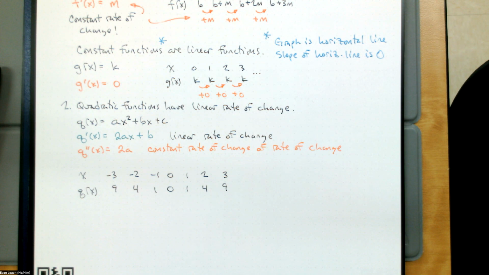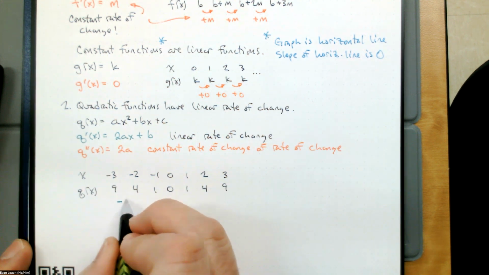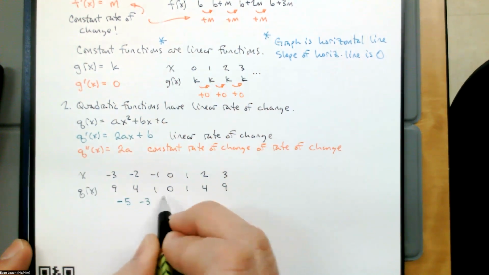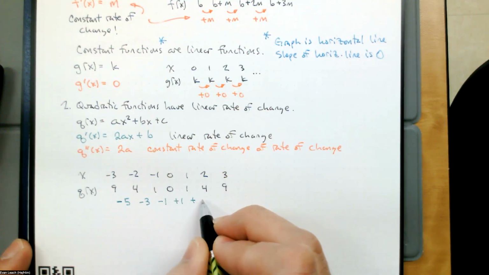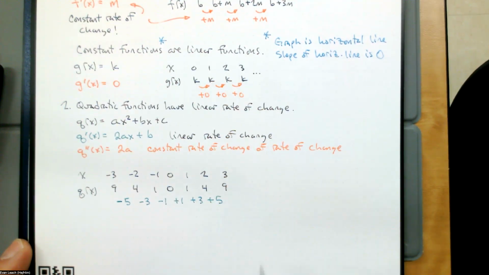Now, if we look at the rate of change and we see how this function is changing, from 9 to 4, we subtract 5. Then we subtract 3, then we subtract 1, then we add 1, and then we add 3, and then we add 5.